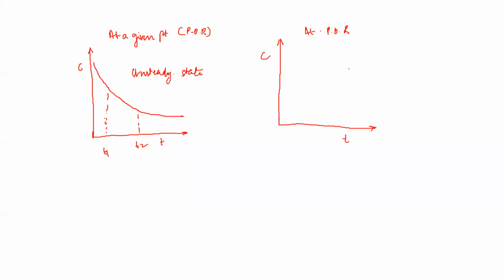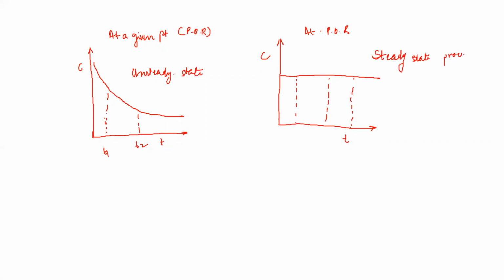If it is 20% A, 80% B, it's going to be 20% A, 80% B throughout. So it's going to be a straight horizontal line. At any point of time, the concentration is going to be uniform. This type of process is known as a steady state process.